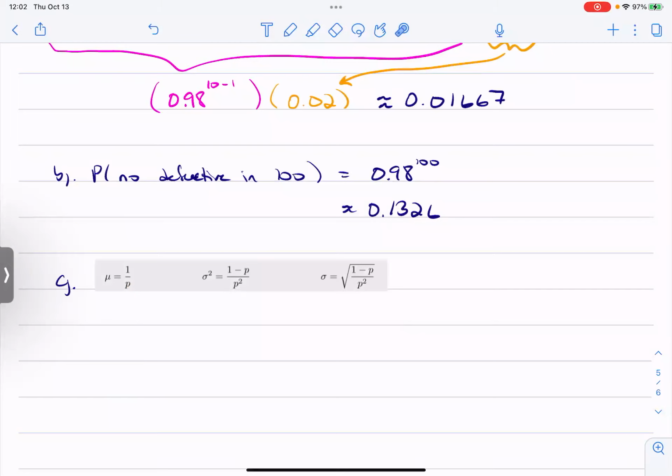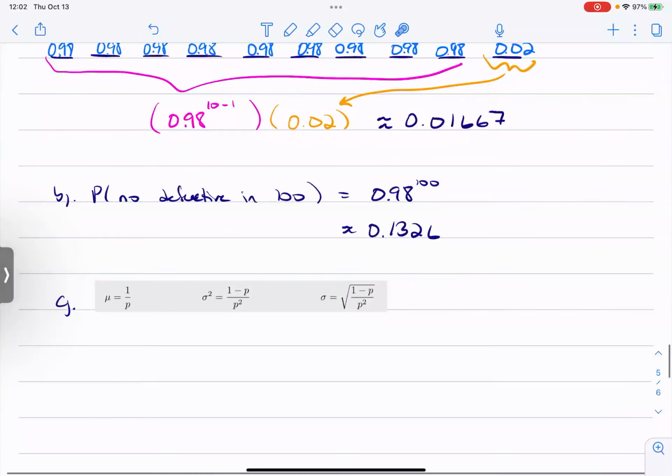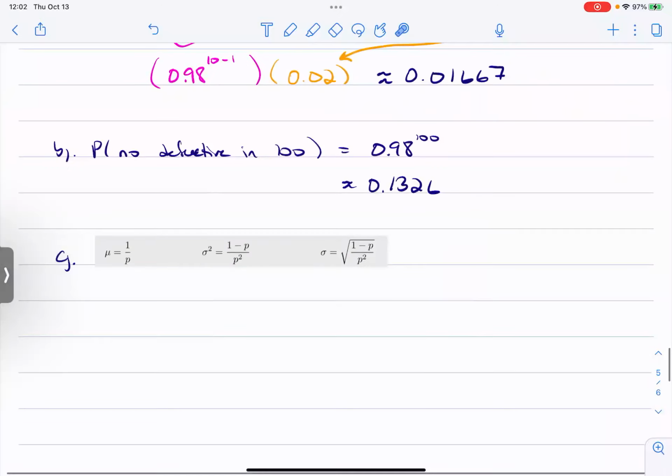And there's no easy way to wrap your head around how the standard deviation comes around. So let's just accept it as fact. Okay, just go with it. Why would it be the probability of failure divided by the probability of success squared and then square rooted? I don't know. Could probably figure it out.